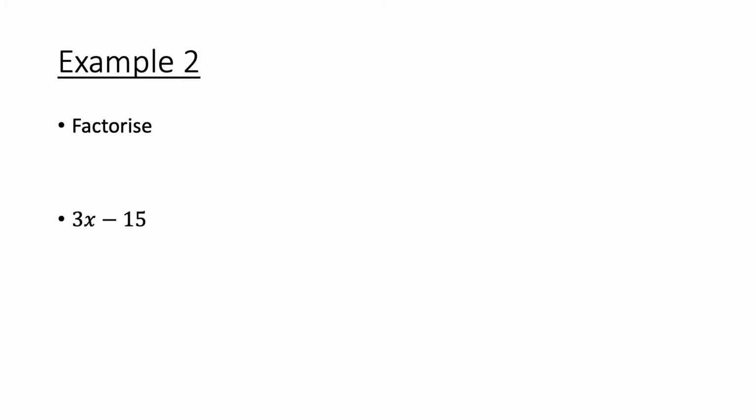Okay, example 2. We've got factorize 3x minus 15. The biggest factor is going to be 3. The factors of 15 are 1 and 15, and 3 and 5.